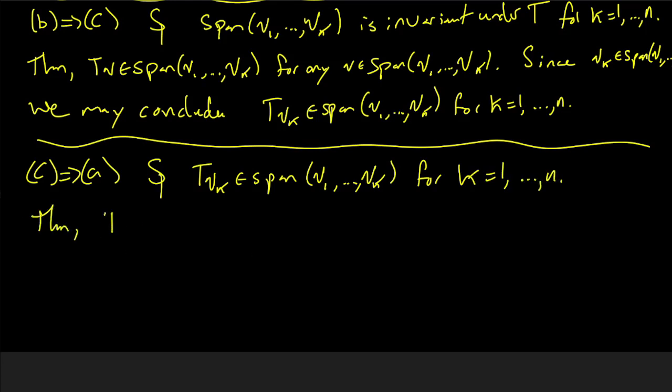Then T vk is equal to, think about it real quick, I'll just write it this way, a1 v1 plus dot dot dot all the way down through ak vk for some a1 through ak in F.